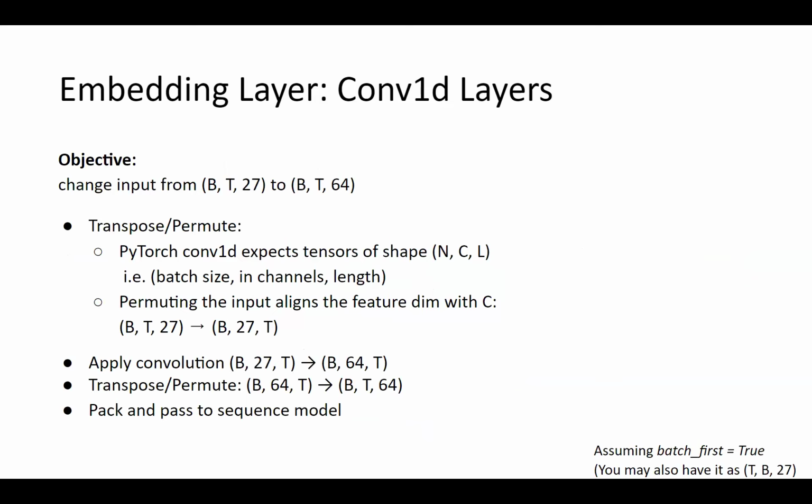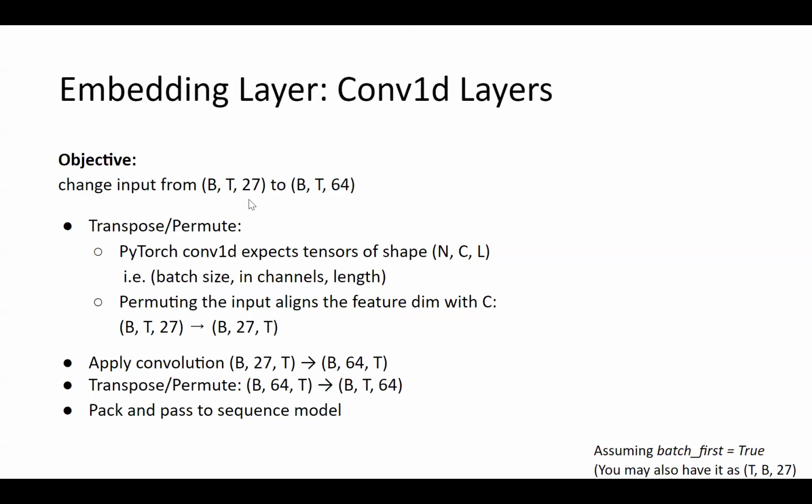Another thing to take care of is an implementation detail that we need to take note of. The batches that you receive after padding in the collate function would be of the shape B cross T cross 27, where B is the batch size, T is the maximum time length for that particular batch, and 27 is the number of features.